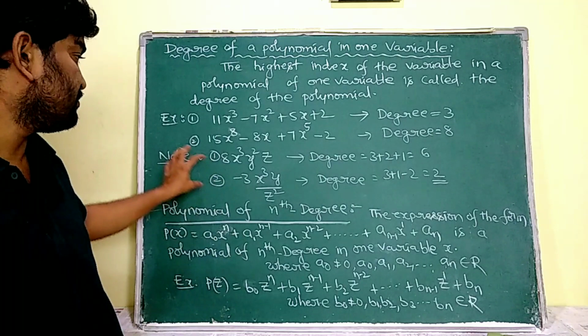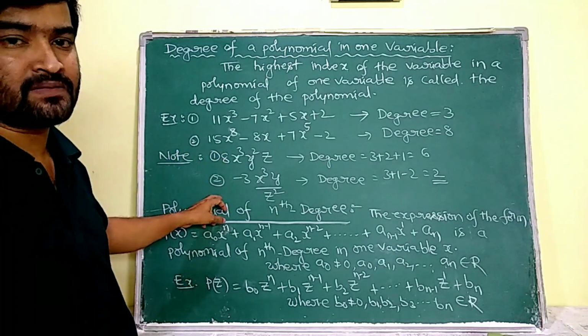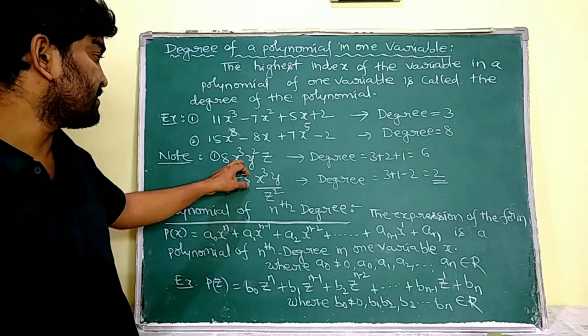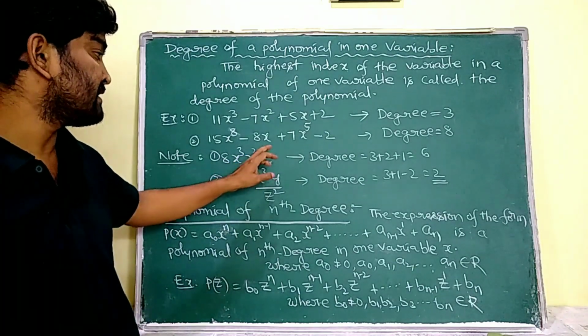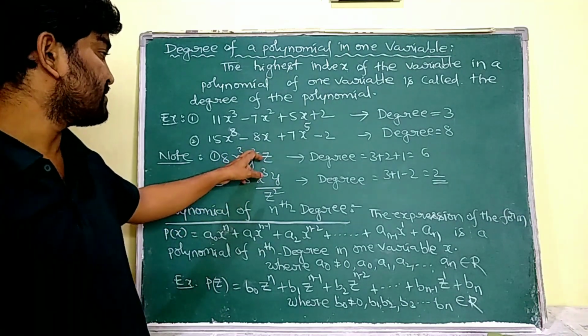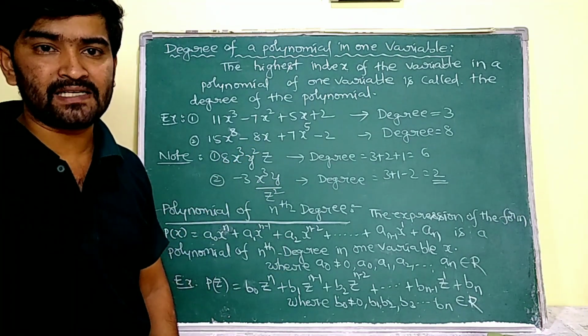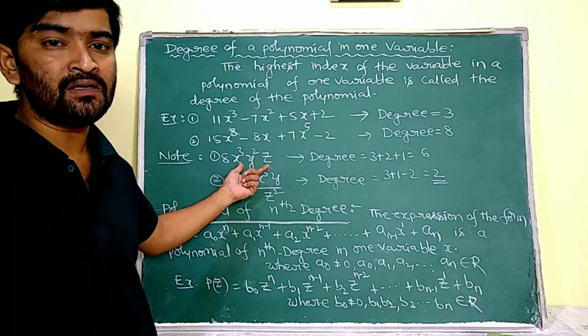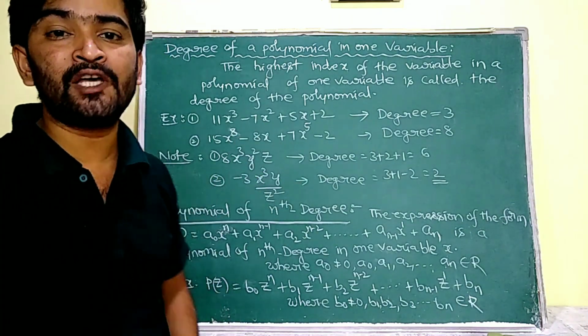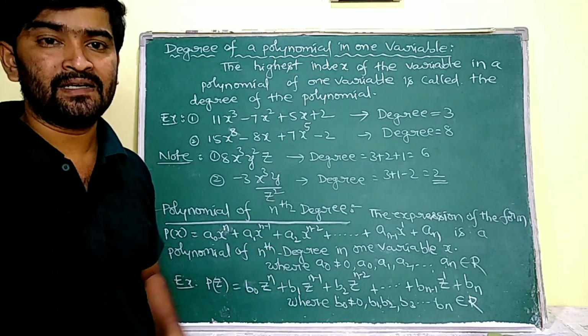Okay, and we have to remember these 2 points. Here in this algebraic expression, see, 8x cube y square z, the degree of this particular term is 3 plus 2 plus 1, that is 6. Why? Because it is a single term. In a monomial we have to add the powers of the variables to find its degree.